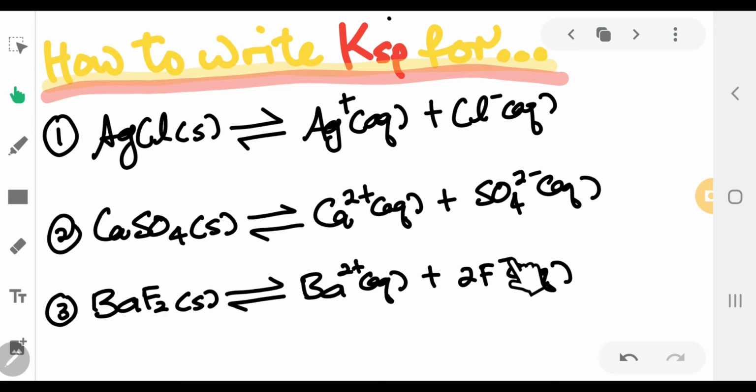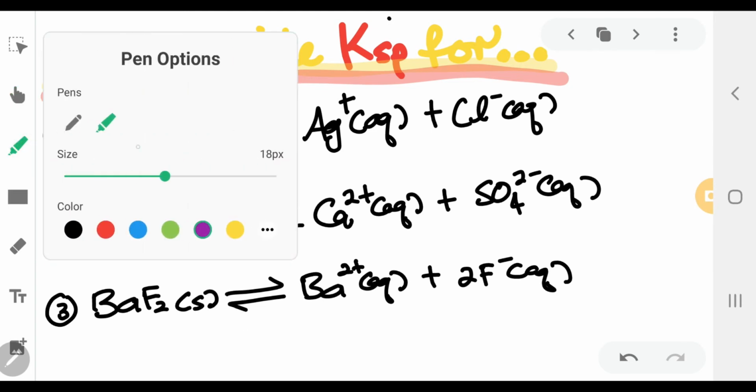Remember, when we have solids involved, these AgCl, CaSO4, and BaF2 solids will not be part of the Ksp because they are pure solids and they are constant. So how do we write the Ksp for all of these reactions? It's very simple.